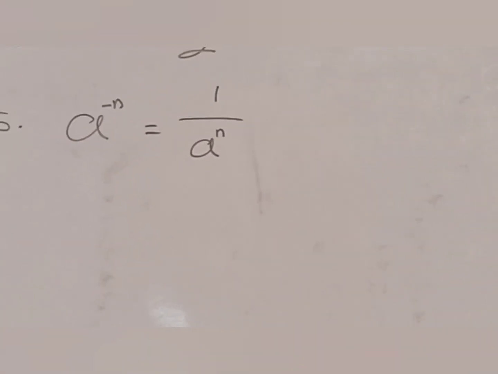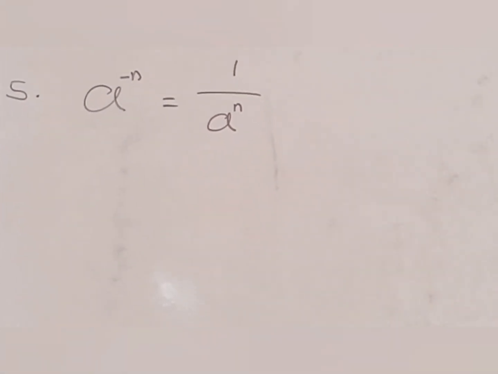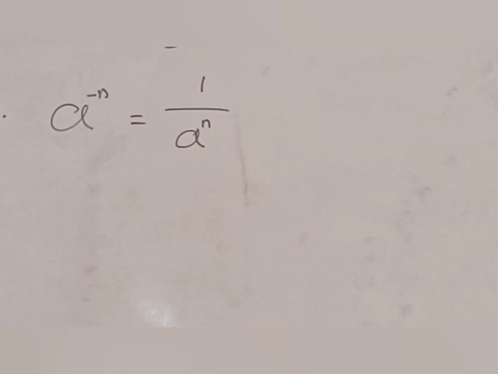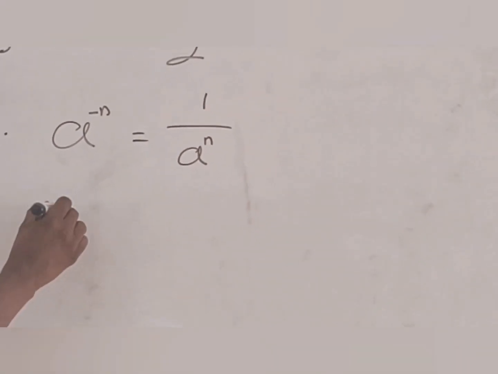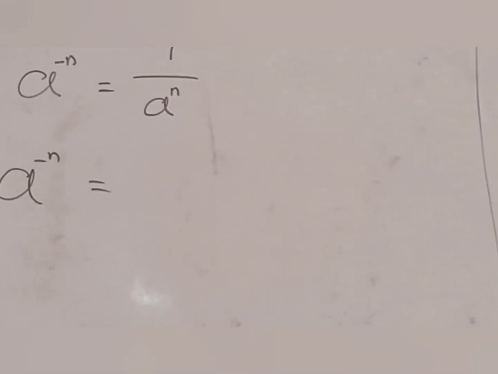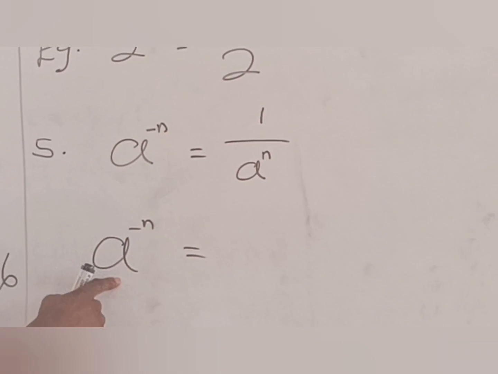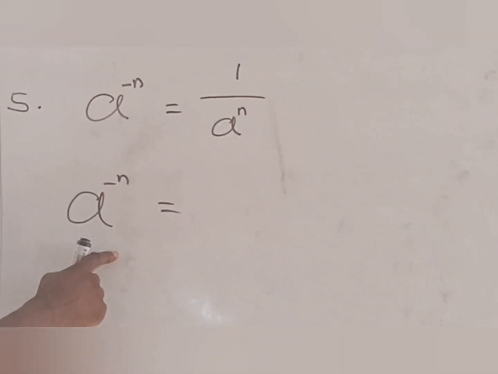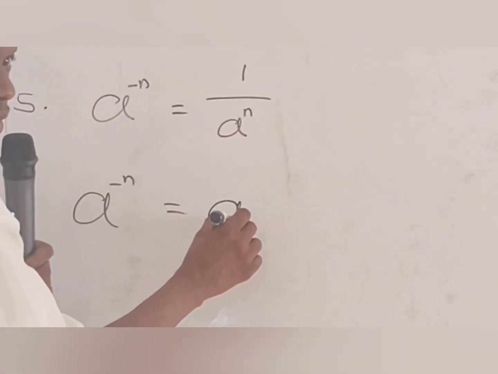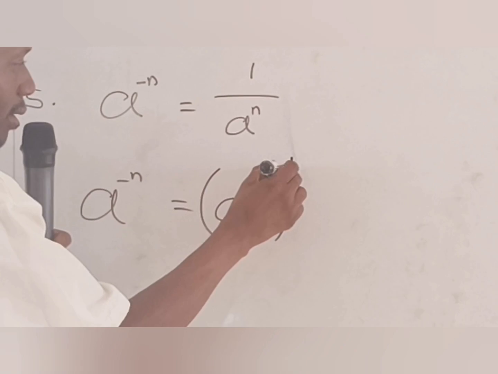How did they get 1 over a to the power n? Who can tell us? From the laws. Who can rewrite a to the power negative n in another way? It's the same as a to the power n, all to the power negative 1.